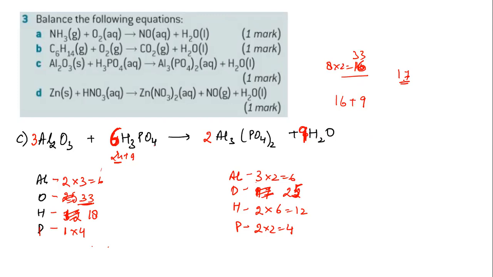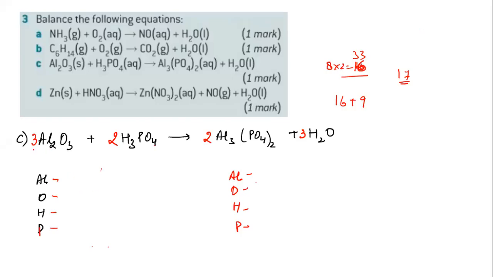Sorry, this reaction is going to be a complicated one, something is going a bit wrong, it will take time. So this is 6, also 6. Fine. This is 3 into 3 plus 9 plus 8. 9 plus 8 is 17, not 16, 17 only.